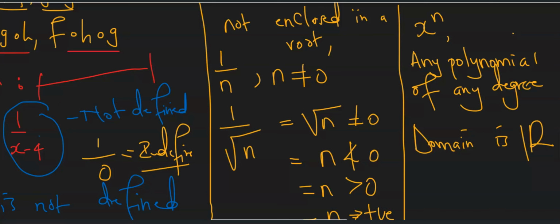Always. You see something like x squared plus 1, or something plus 6x, just don't even bother.